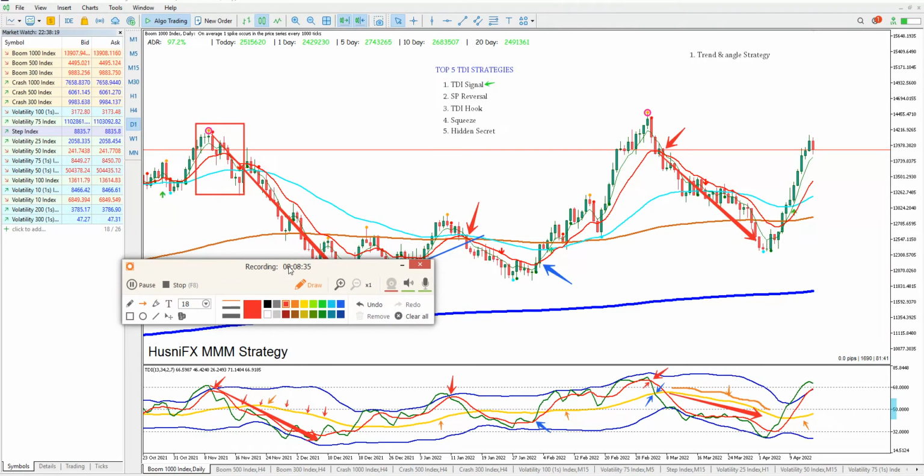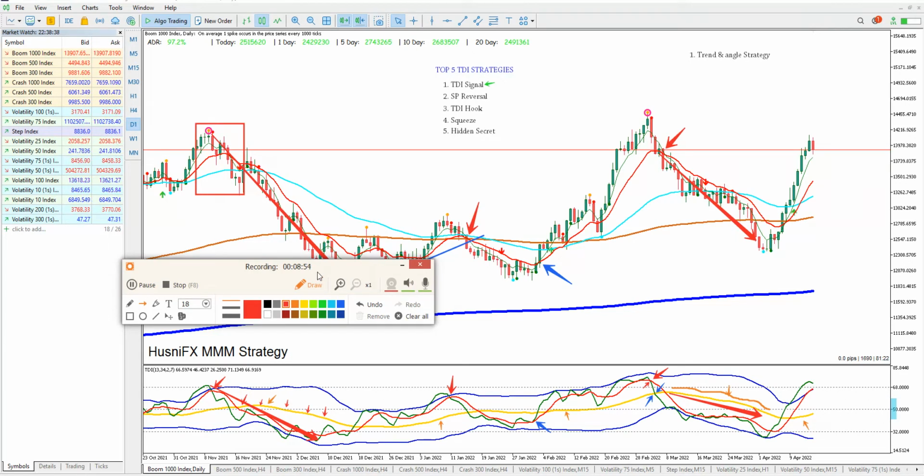Enter a trade if price action and TDI are aligned. If they follow or maybe come closer, you can enter. And you exit the trade when the green line crosses over the red line.